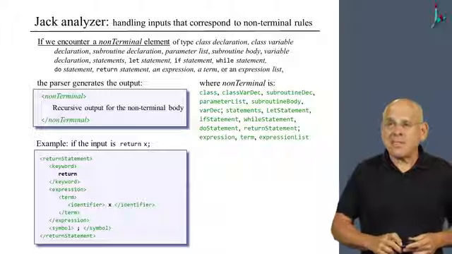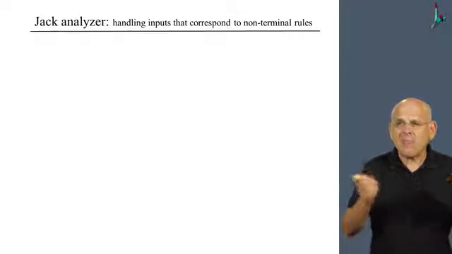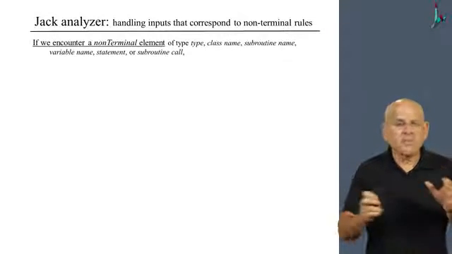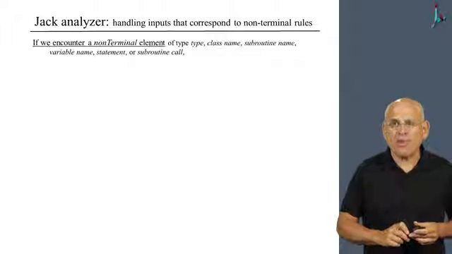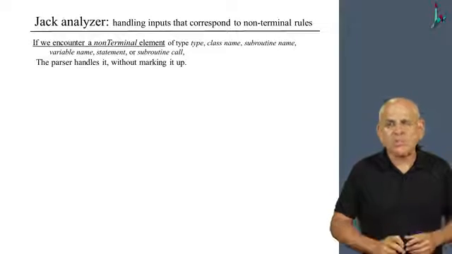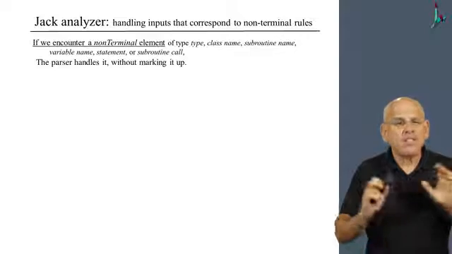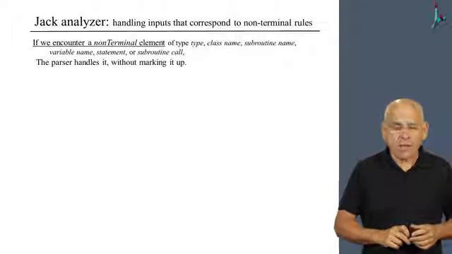Now, we have another subset of non-terminals, which I sometimes refer to as shallow rules, or rules that are not terribly interesting from a syntactic standpoint. Well, inputs that correspond to such shallow rules are handled, but the analyzer does not generate any XML associated with them.